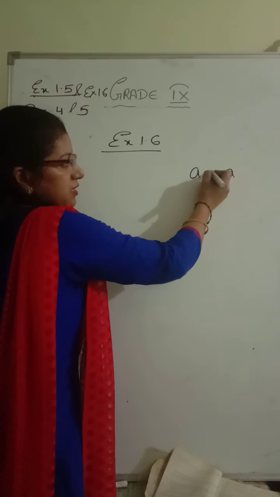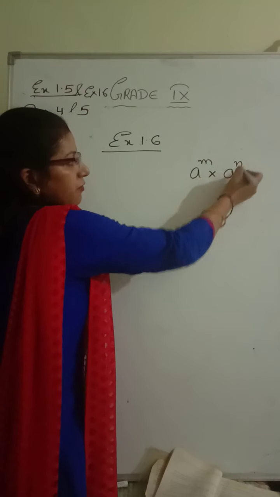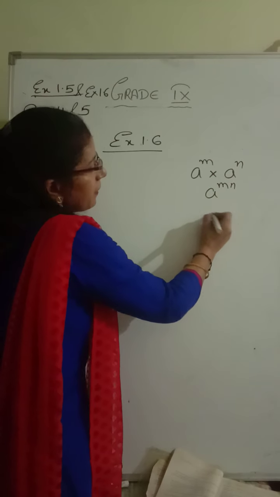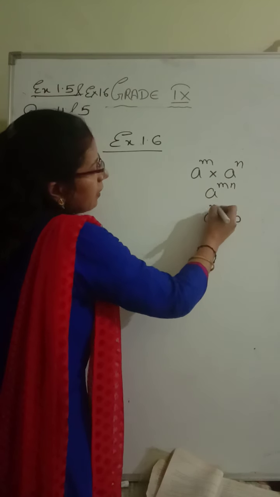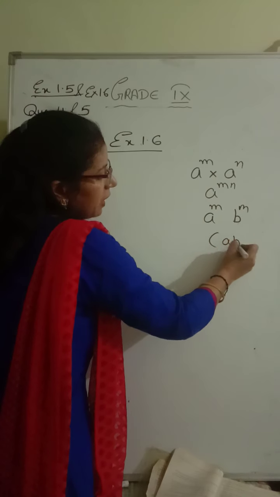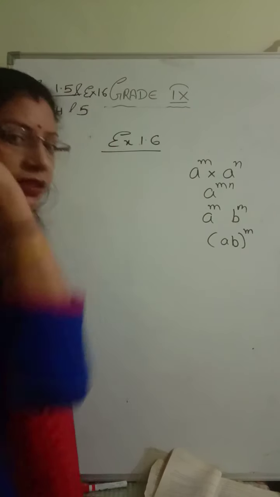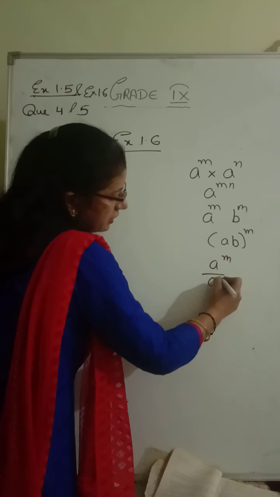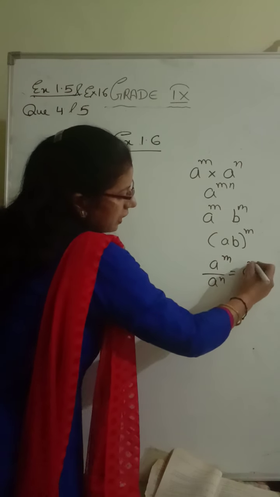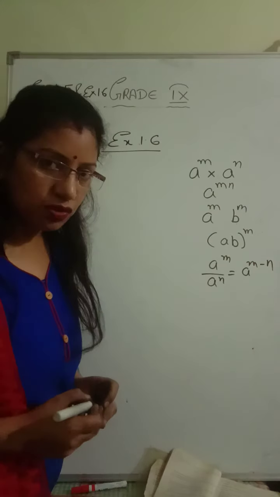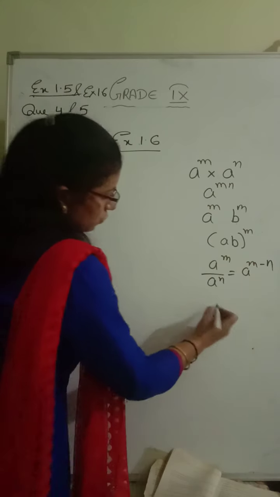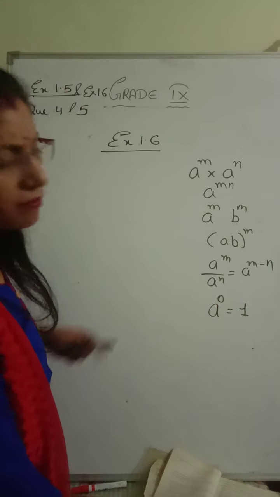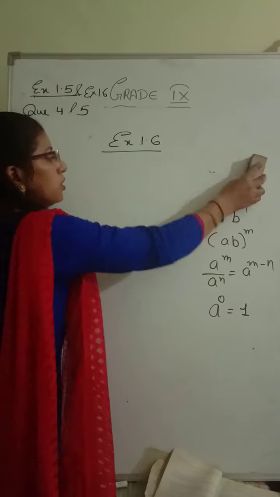If bases are same, powers are different, then the powers are added. The second rule was bases are different, powers are same, so bases you will multiply and the power you will take outside common. If bases are the same and it is division, then A raised to the power m minus n. Another rule is A raised to the power 0 is 1. So these rules you have done, more are there. So we will keep on doing.